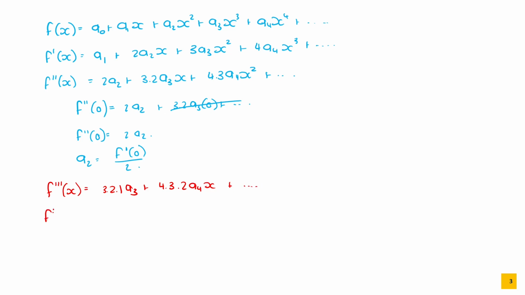Then we say, okay, well, that third derivative at 0 gives you 3 times 2 times 1 times a3, plus 4, 3, 2, a4 times 0, and that's going to cancel out because it's 0. So we now have that a3 is equal to that third derivative divided by 3 times 2 times 1.